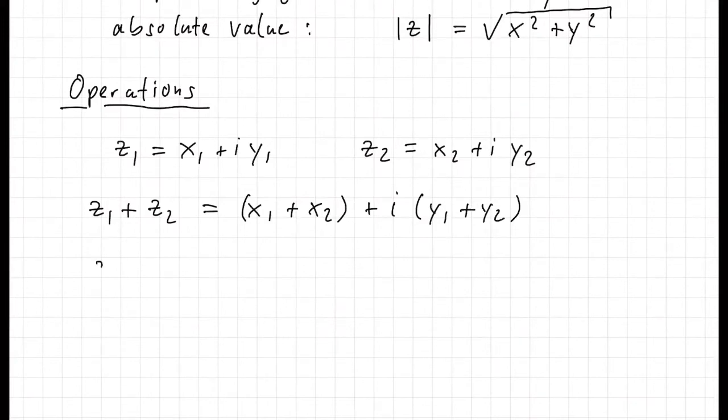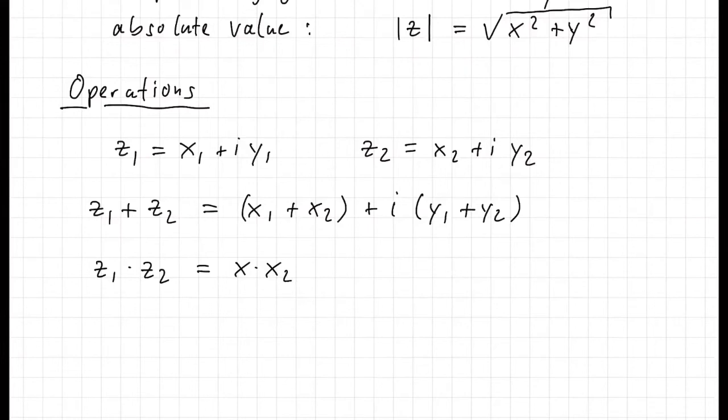So let's do z1 times z2. Again, we just multiply this out. Because each of these complex numbers has two terms, we know that the product will have four terms. So we take all of these terms together, and we start off with x1 times x2.